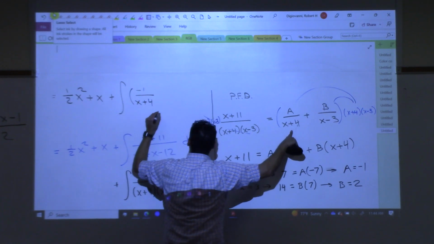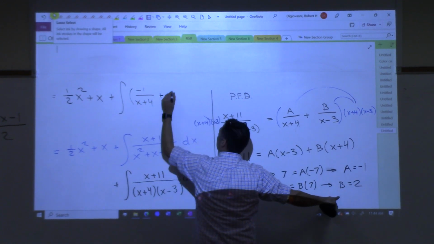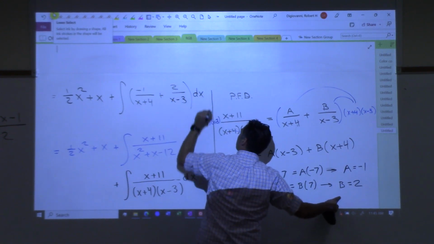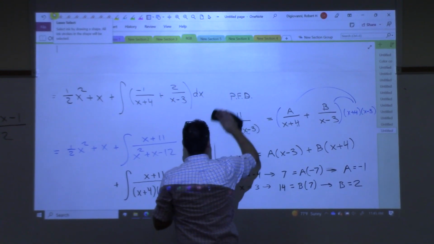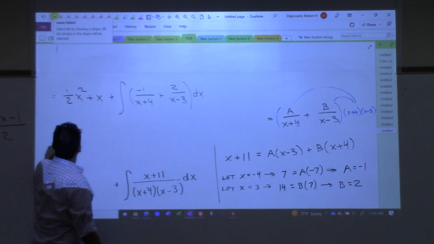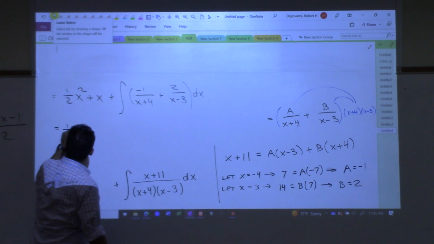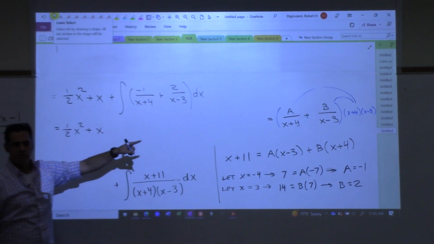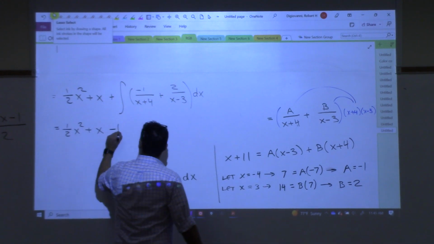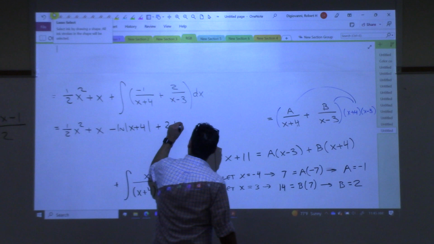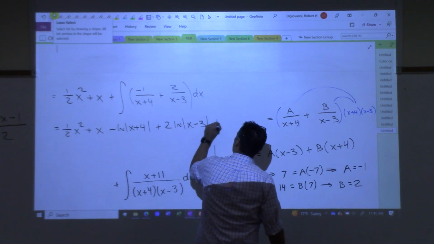And then we still need to do plus b, but b was 2 over x minus 3 dx. So 1/2 x squared plus x, and each of those are natural logs, right? So minus natural log of x plus 4, and then plus 2 natural log of x minus 3 plus c.